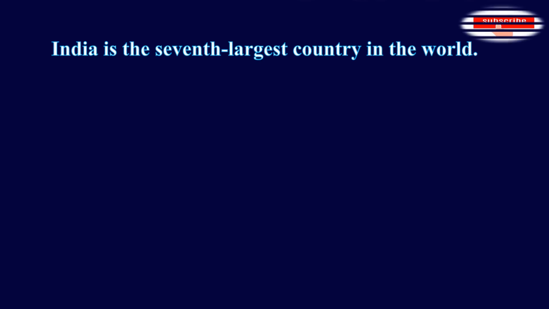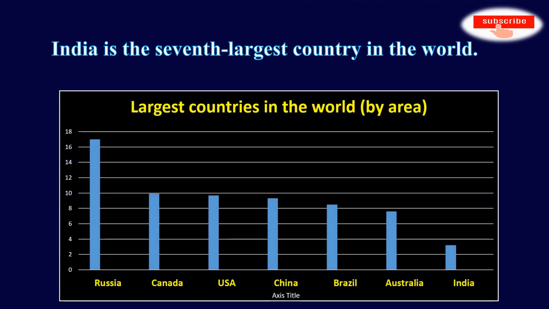In terms of area, India is the 7th largest country in the world. Means area-wise, the largest country in the world is Russia, with a total area of 17 million square kilometers. And Canada, with a total area of 19.98 million square kilometer, is the 2nd largest country in the world.